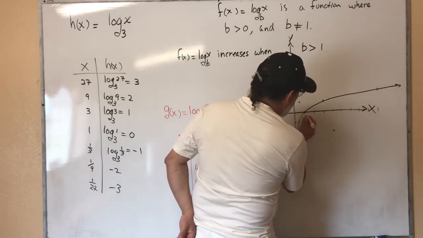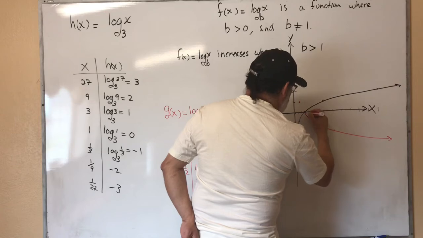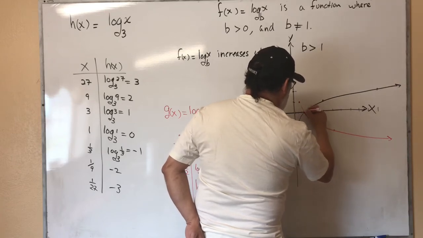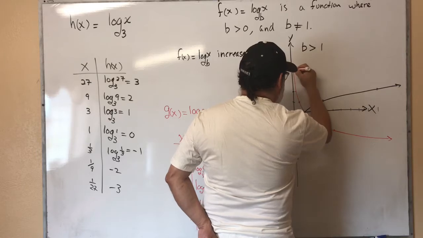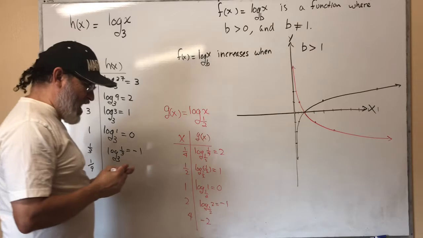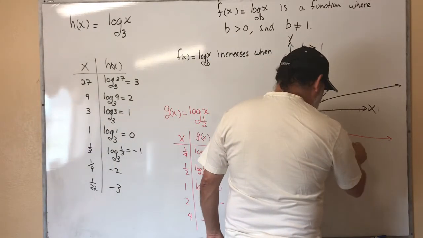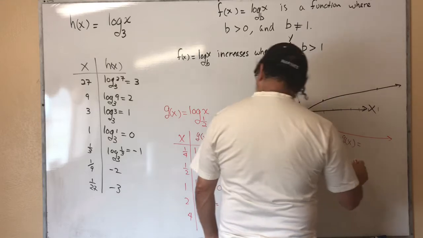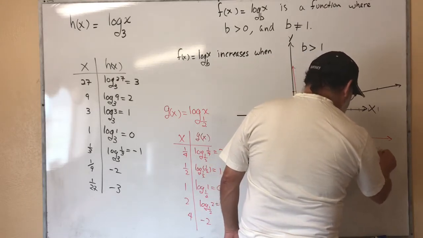And so therefore we get this. Nice. Guys, this is g of x, which equals log base half of x.